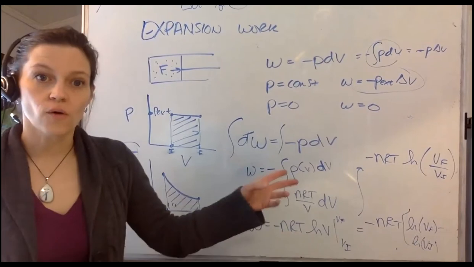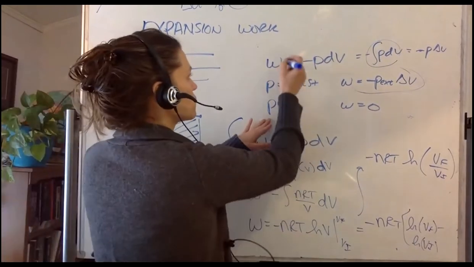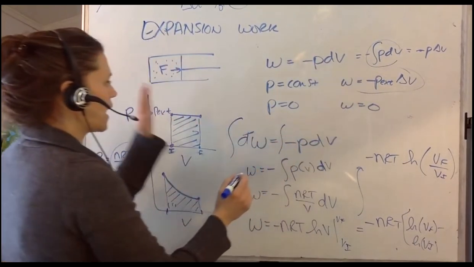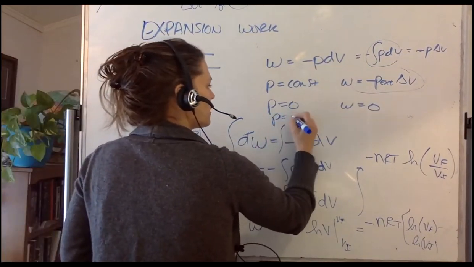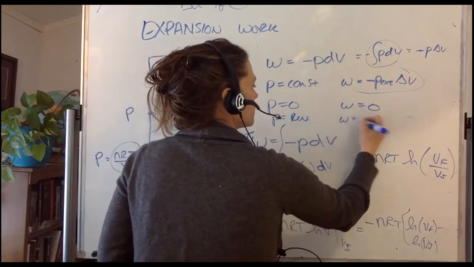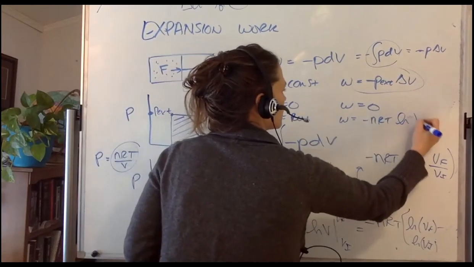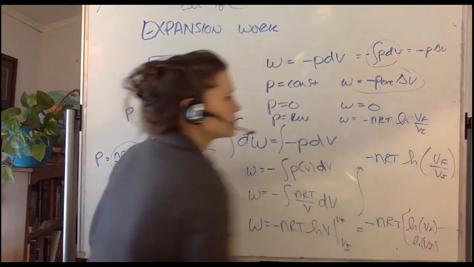Cool? So when you are asked, what is the work for a reversible expansion? So P equals reversible, W equals minus nRT log VF over VI.